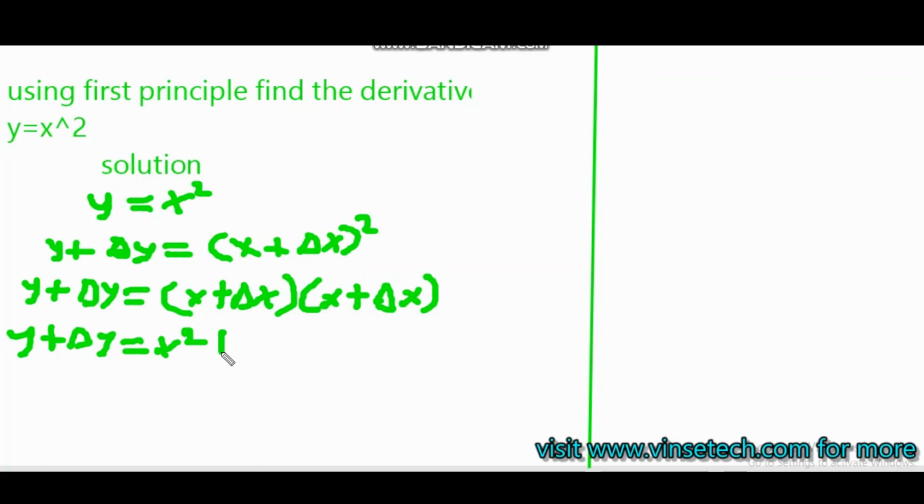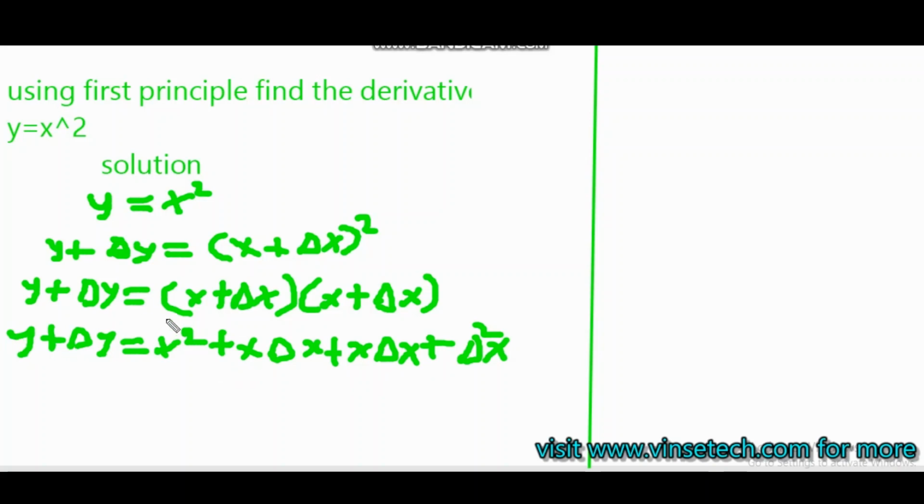You put the positive sign, then x multiplied by delta x, you have x delta x. Then we're done with the multiplication for x. Then multiplying delta x by x, we now have x delta x. Then multiplying delta x by delta x, you put your positive sign, so we now have delta x all squared.